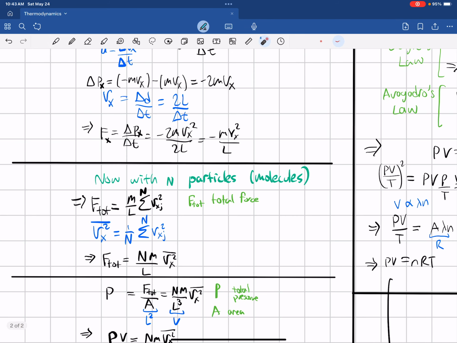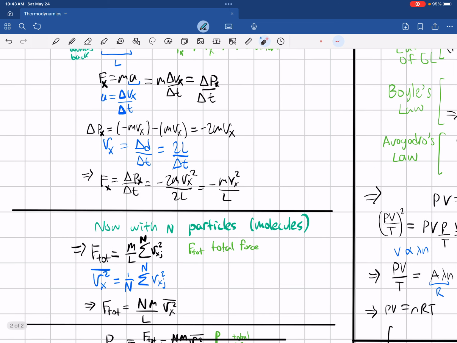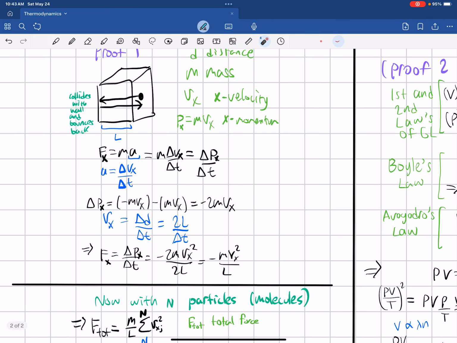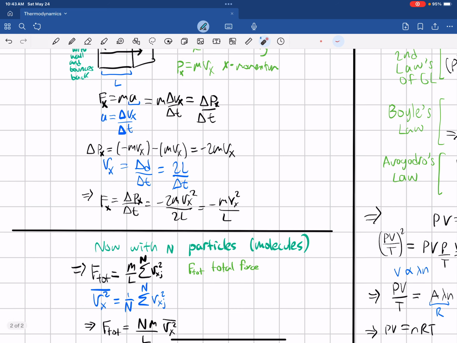So now we include n particles or molecules instead. And so the total force would be the sum of this. And let's just get rid of the negative, because we can. So if it's this way, mx minus negative mx, yeah, so it would be positive.